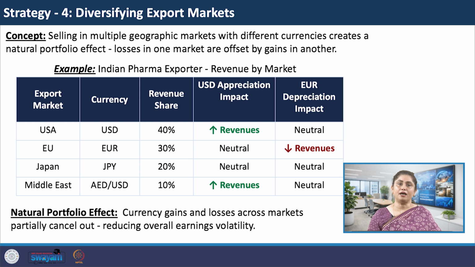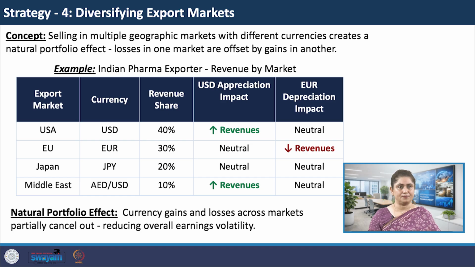If the INR strengthens significantly against the USD, a common occurrence when India receives large foreign capital inflows, Indopharm's dollar denominated export revenues, when converted back to rupees, become lesser in value, and hence what happens? The revenue falls. Profitability is compressed, and there is nothing to offset this because the entire export book is in one currency.